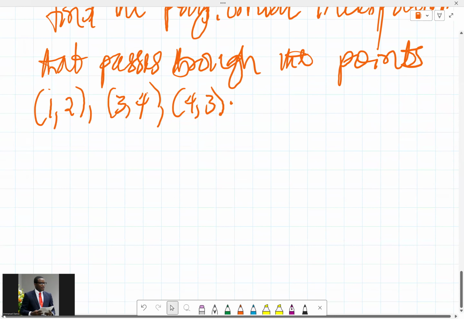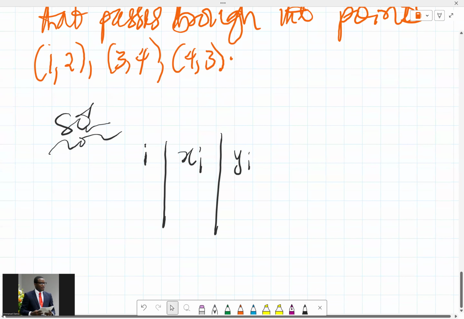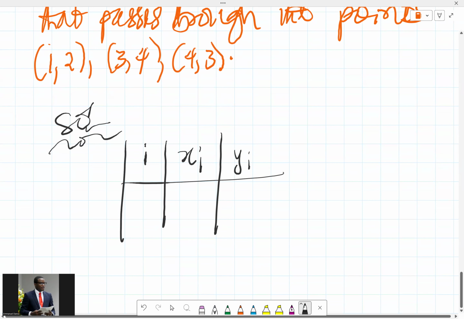Of course, if we want to deal with that, we can have something like this. First of all, we have i, we have xi, and we have yi. When i is 0, we have x0, that is 1, y0, that is 2.